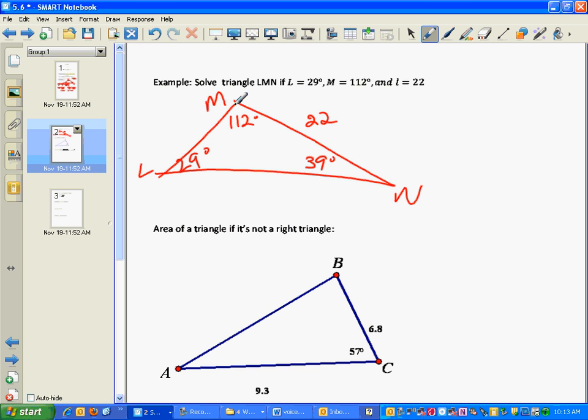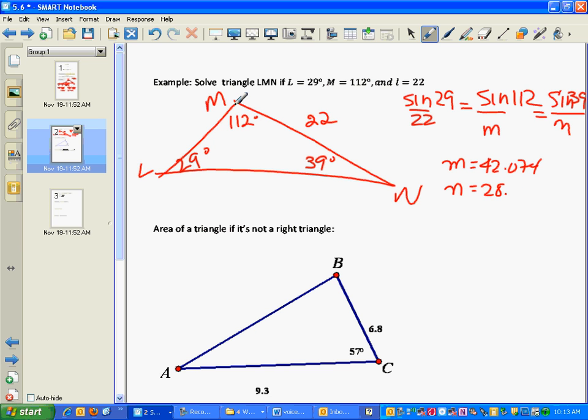And so our proportions that we can say is that the sine of 29 over 22 equals the sine of 112 over M, which equals the sine of 39 over N. And again, solving, I think that M was 42.074 and N was 28.558. Do the math.